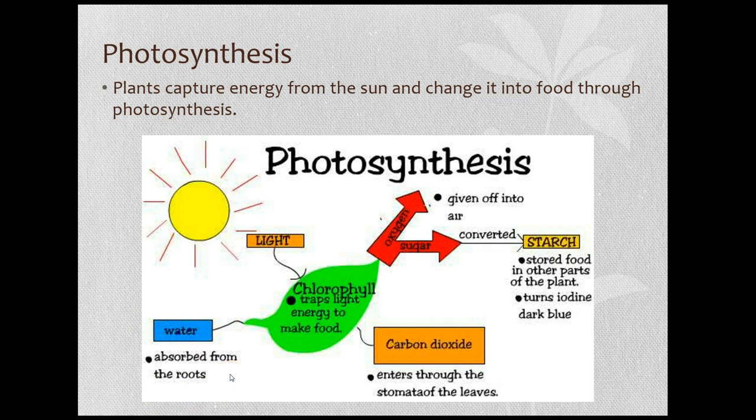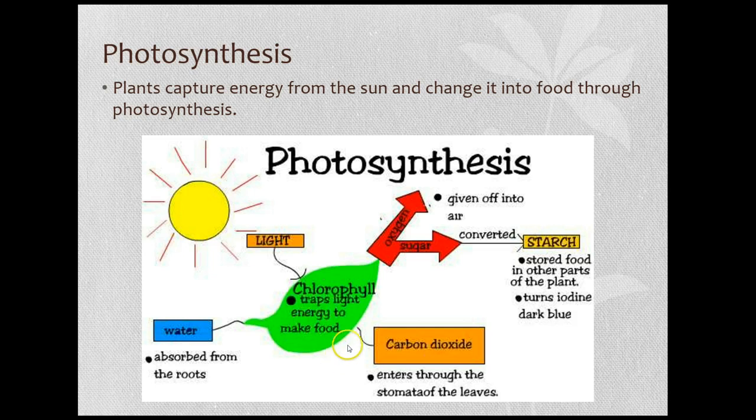Then the water goes up into this thing shaped right here. It's supposed to be a leaf. Most leaves in plants are green, and that's where all the chlorophyll is. Chlorophyll is the pigment, remember, that's trapped in chloroplasts that is actually going to capture the sunlight to make food.